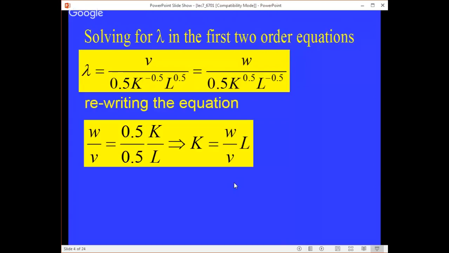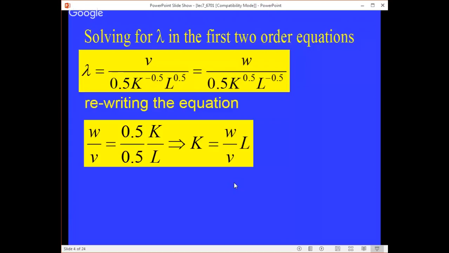Going back to the algebra, K to the 0.5 is in the denominator, so if I wrote it up here, it's K to the negative 0.5. K to the negative 0.5 times K to the negative 0.5 is just K on top. And over here, I have L to the negative 0.5 in the denominator and L to the 0.5 in the denominator.